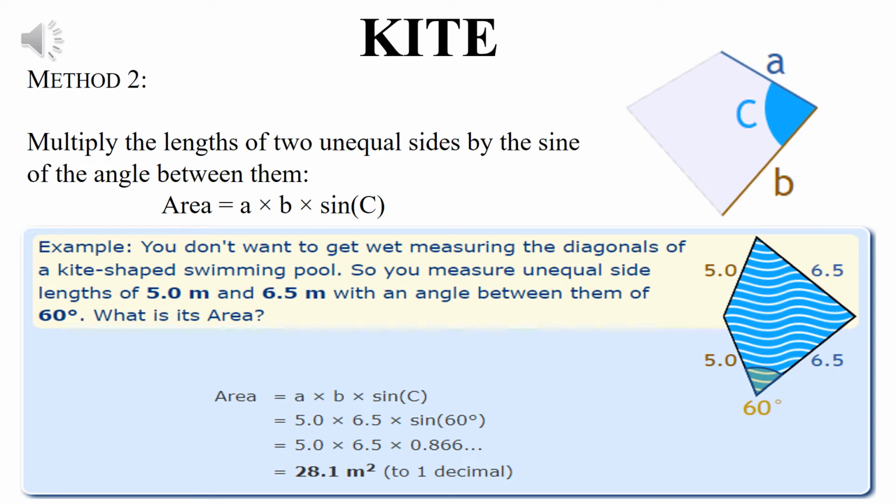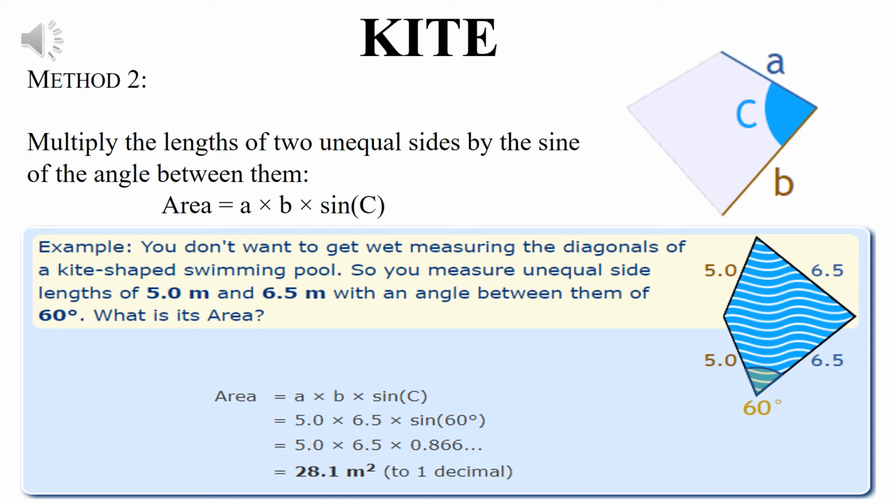Example, you don't want to get wet measuring the diagonals of a kite-shaped swimming pool. So you measure two unequal sides, with lengths of 5 m and 6.5 m and an angle between them of 60 degrees. What is its area?